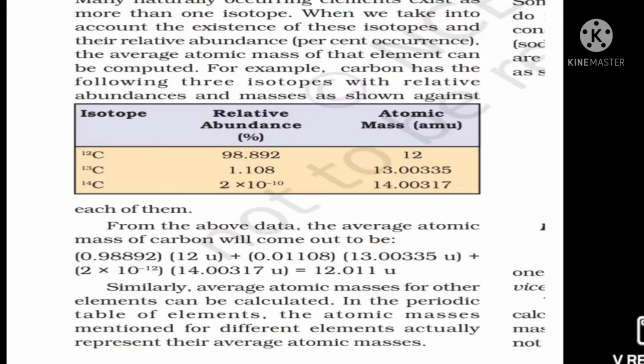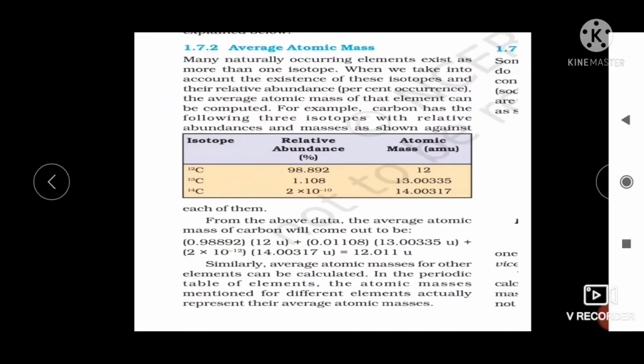Let us look at an example for average atomic mass. Observe the table. The table contains isotopes of carbon, that is C12, C13 and C14, and their relative abundance and atomic mass is given. How do we calculate average atomic mass?